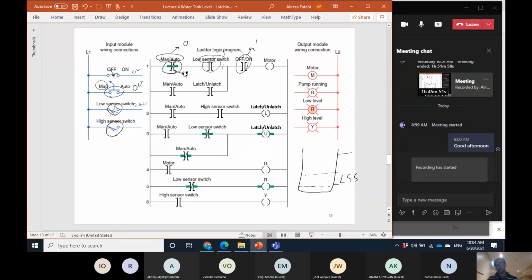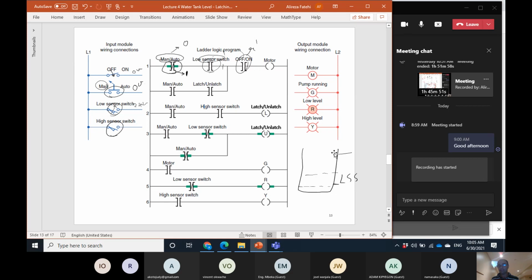manual scenario. In the manual mode, everything depends on the low sensor switch. If the level is less than low sensor switch, the pump is off. This was 2 special cases, but the main mode is when we turn on the process and it is in the auto mode.